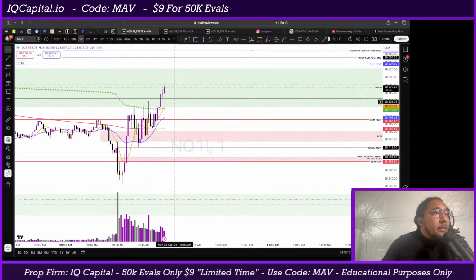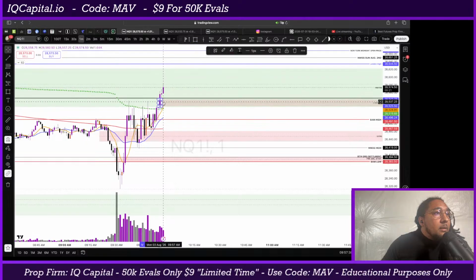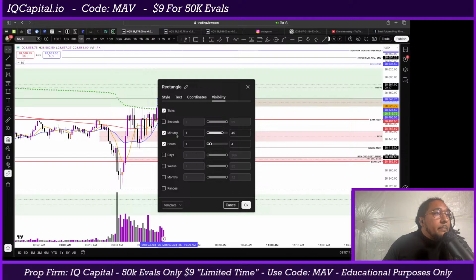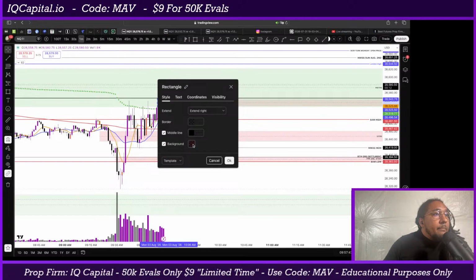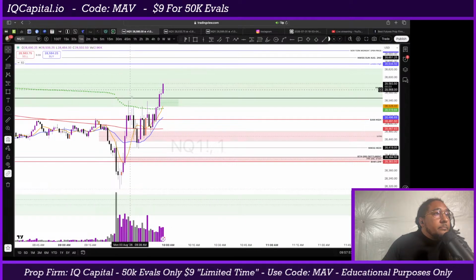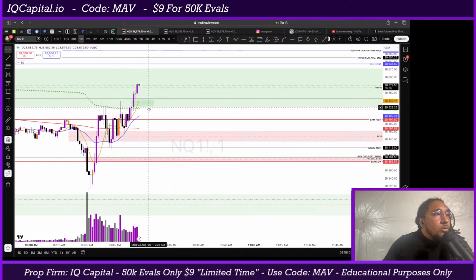If we can come down and retest this fair value gap, I'd like to see a pullback and a retest of this area, and then a continuation to the upside.